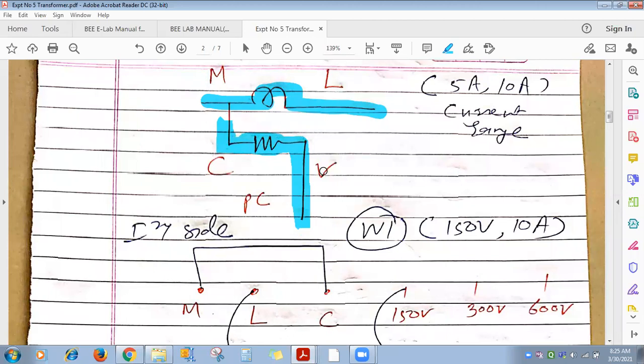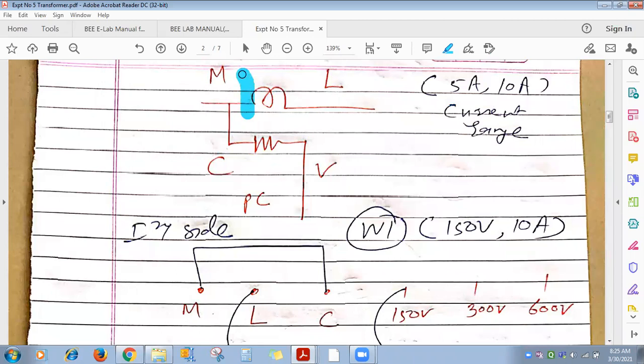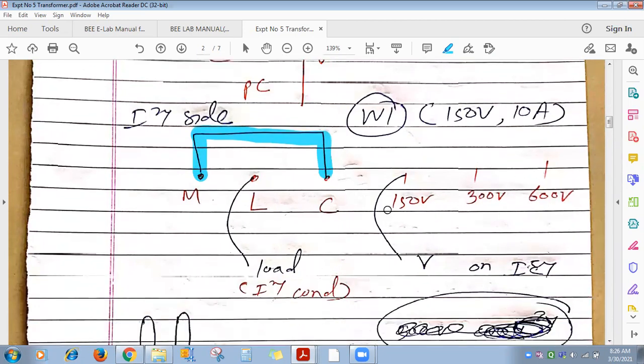If you observe the two terminals M and C, internally these two are open. For it to work you have to short them. So while making connections, take one wire and connect it between M and C. L you always connect to the load. V is for voltage range selection.